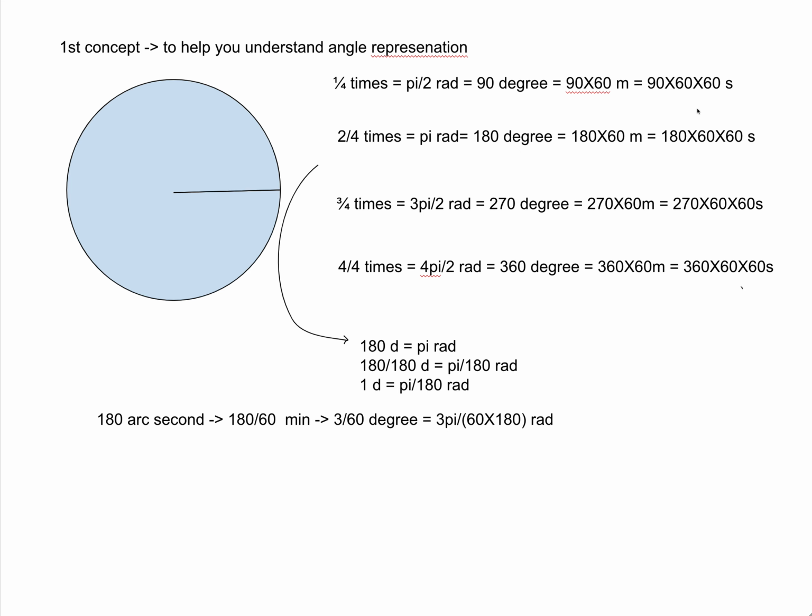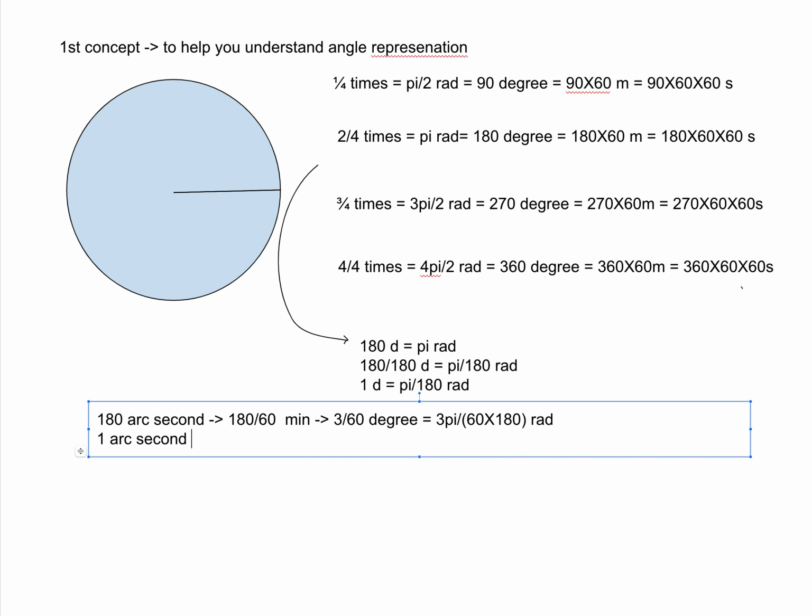It's very easy. 180 degrees is pi radian, so 1 arc second is that divided by 60 and by 60. That is how we find the arc second to radian.